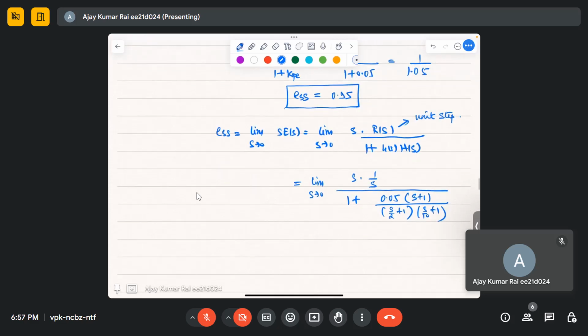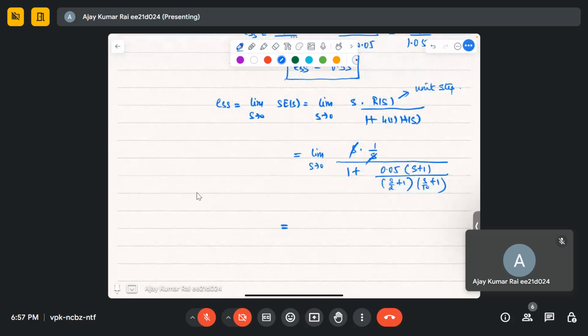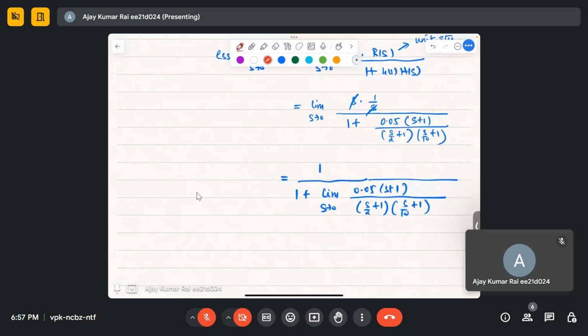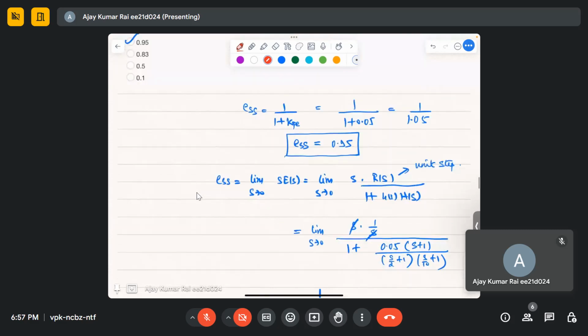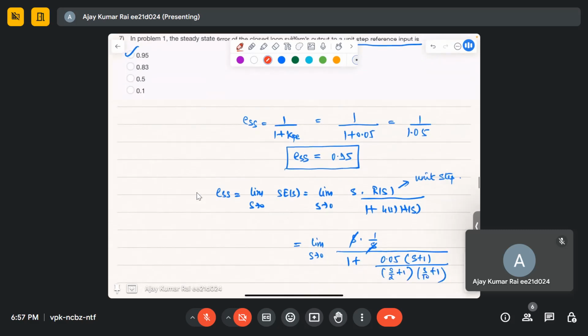So what you'll get is 1 by (1 plus limit s tends to 0 of 0.05...). I'm writing this so that you understand how I write the formula directly. This term is Kp, which we just calculated. That's why finally I'm writing 1 plus Kpe, which gives 0.95. Any doubt in this case?